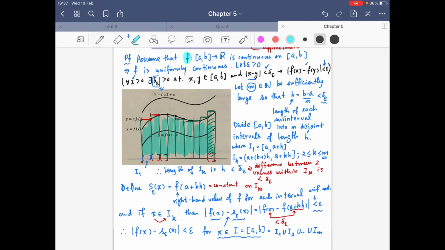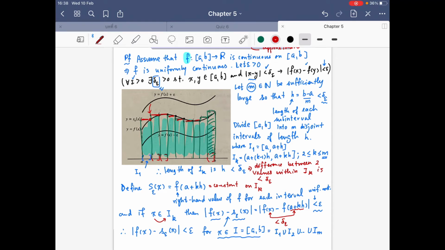However, sometimes you may say that, hey, the piecewise step function like this may be not that good. Why is that? Because it's not continuous. The approximation is not really continuous. Can we change the piecewise step function into something that is continuous?